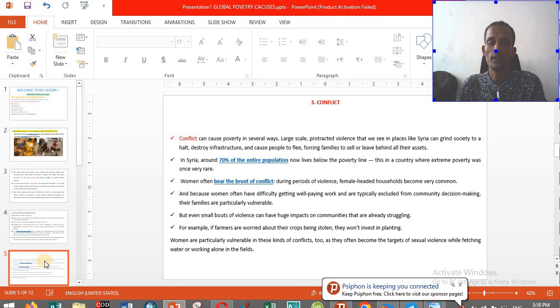Women are particularly vulnerable in these kinds of conflicts too, as they often become the targets of sexual violence while fetching water or working alone in the field. You see, under such difficult poverty, under the poverty line, they are forced to do that.